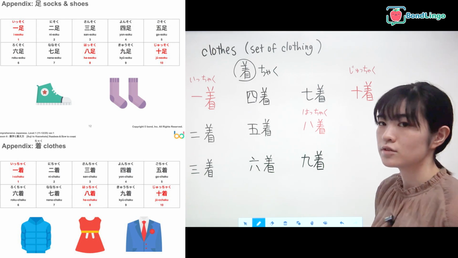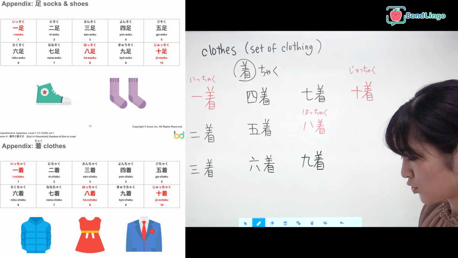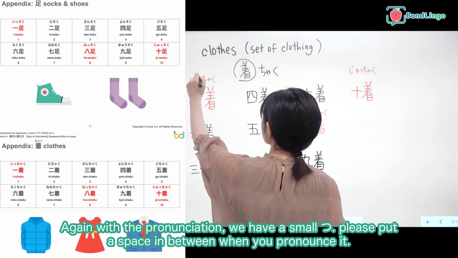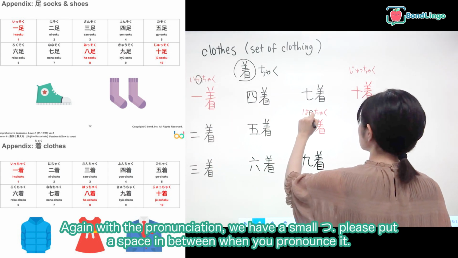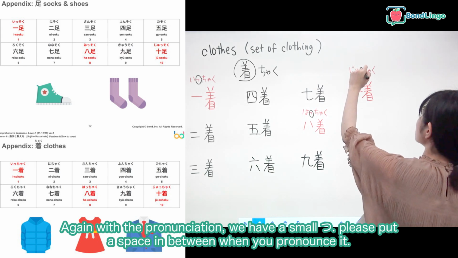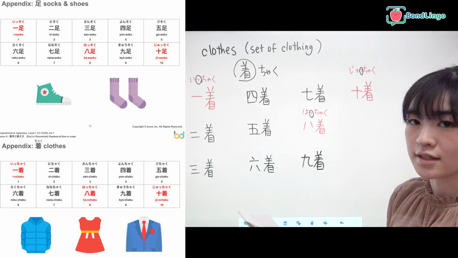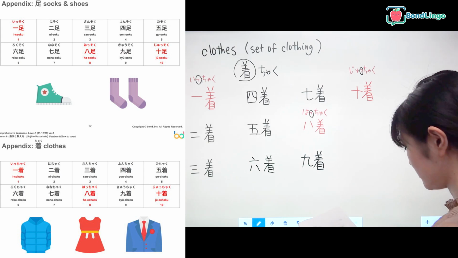And 10, juchaku. So again, for the pronunciation, we have a small tsu. Please put a space in between when you pronounce it. Ichaku, hachaku, juchaku.